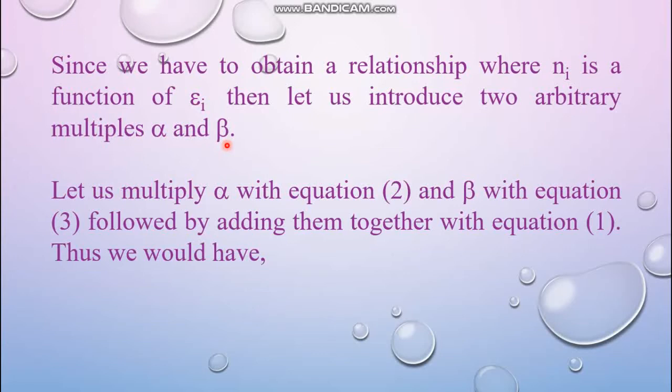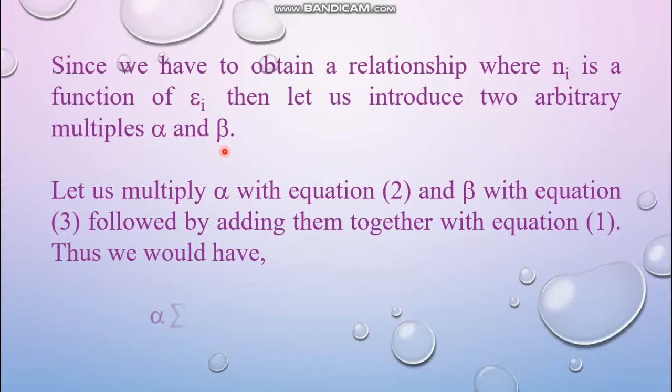So whatever it is, the multiplication is also 0, isn't it? So if alpha is merged with the left hand side of equation 2 and beta with the left hand side of equation 3, then finally the result is again 0. And if these 2 are added to the left hand side of equation 1, then the addition of these 3 terms is also 0.